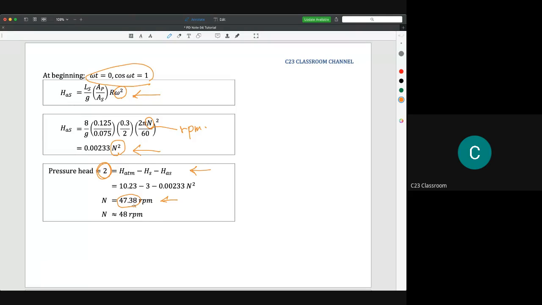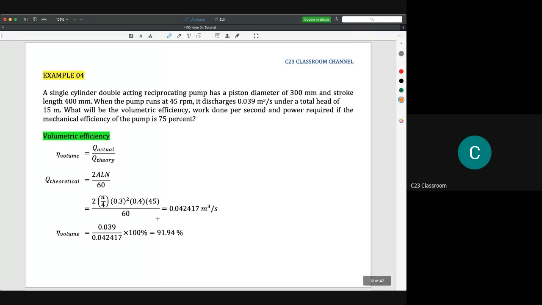Because we purposely reduce the speed, the possibility for the machine to jam, to interfere with each other, is higher compared to if we give more tolerance to the speed here. So that is for question 3.